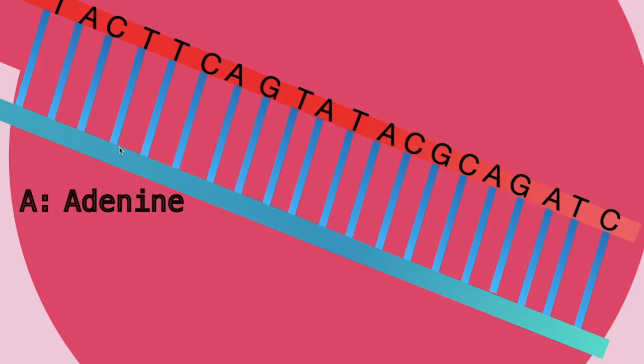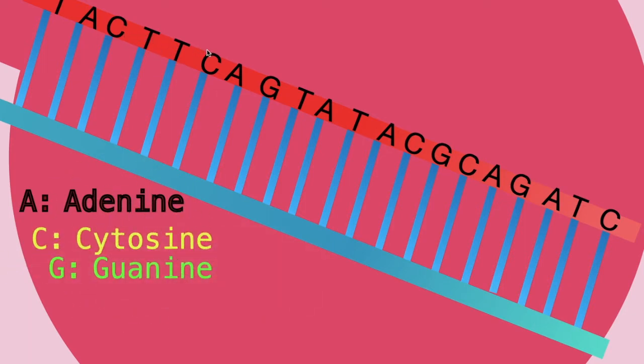A stands for adenine, C stands for cytosine, G stands for guanine, and T stands for thymine. So these are the four letters of DNA code: adenine, cytosine, guanine, and thymine. Adenine always bonds with thymine, and cytosine always bonds with guanine. So T, A, C, T, T, C, A, G, T, and so forth.